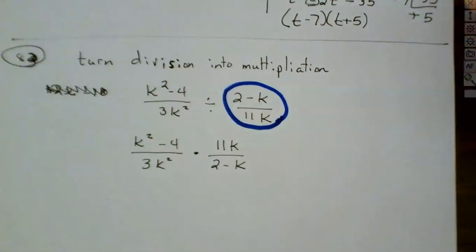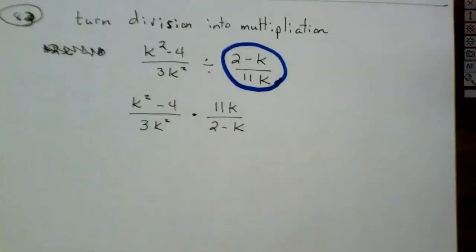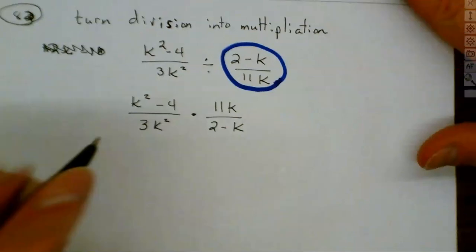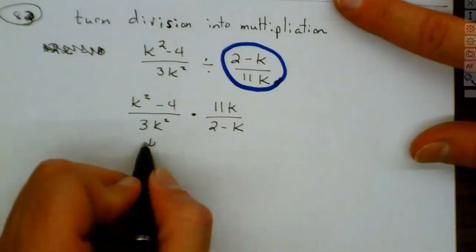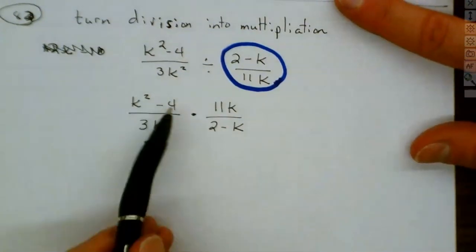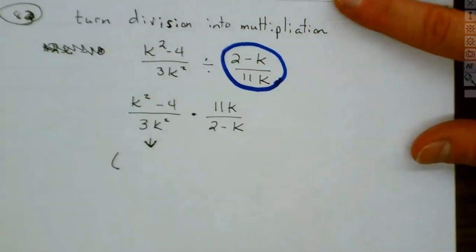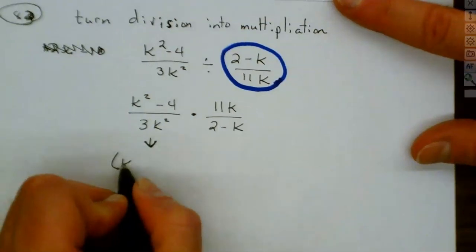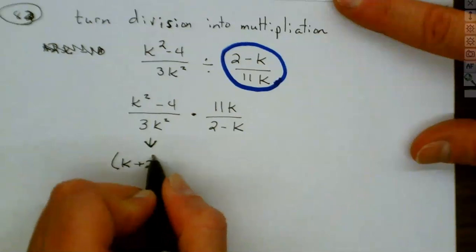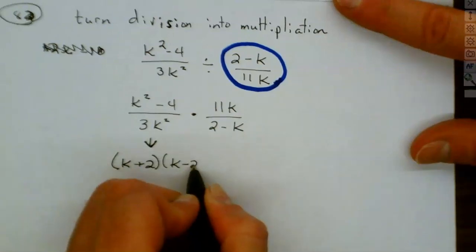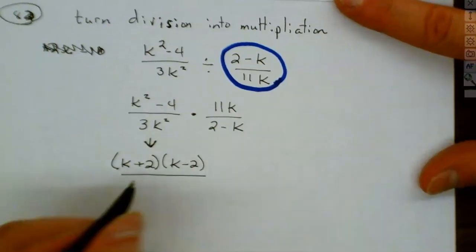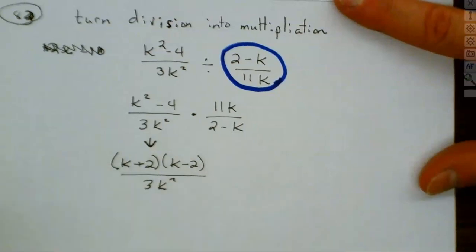Now we factor and we simplify. So let's see what we can do. This one's simple. k squared minus 4. 4 is a perfect square of 2. So that is k plus 2 times k minus 2. And we've got a 3k squared there, which we'll deal with in a moment.